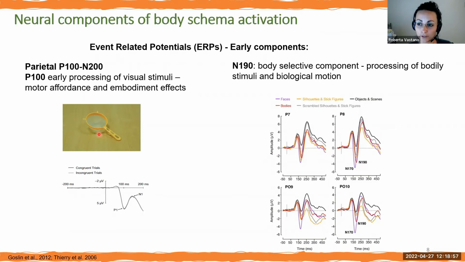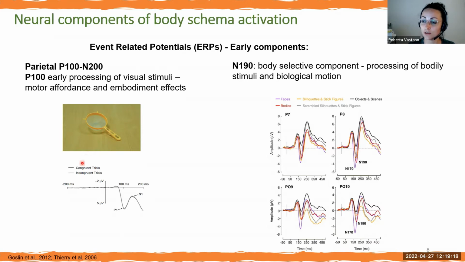And by motor affordance, I mean any action possibility that the object we observe evokes, like this object. We can easily grasp it, or like a handle of a mug, we can grasp it, or a handle of a door. So any object that evokes an action possibility.